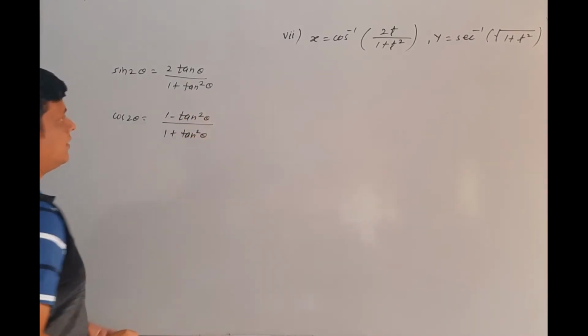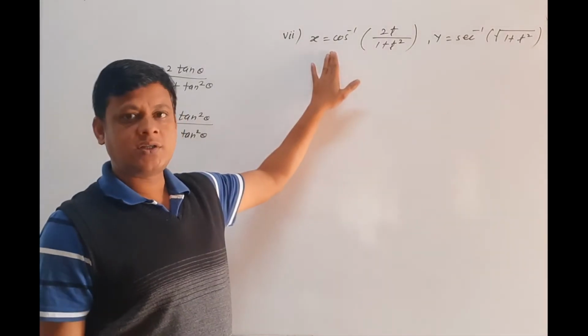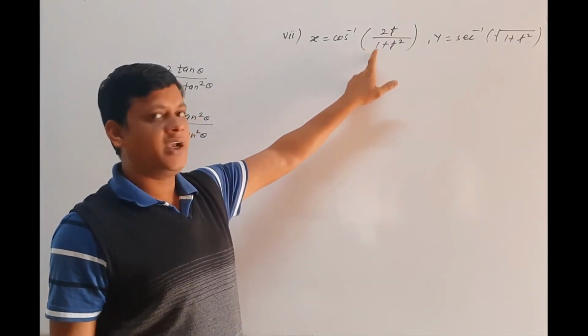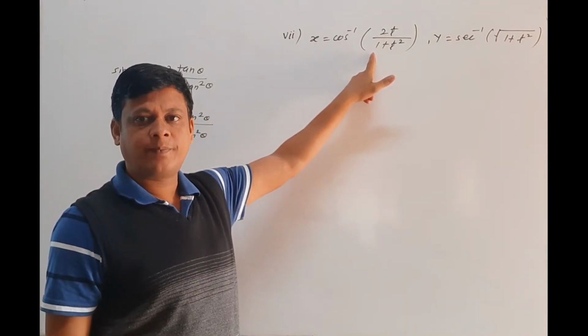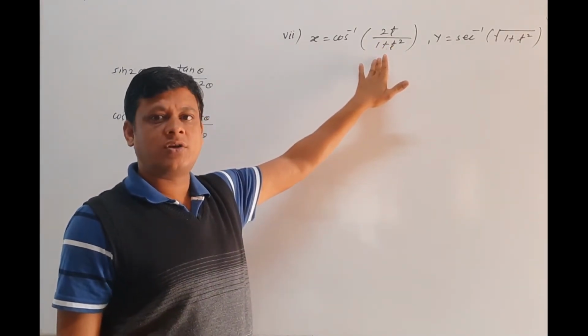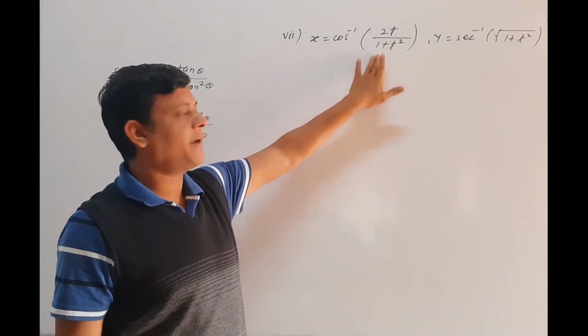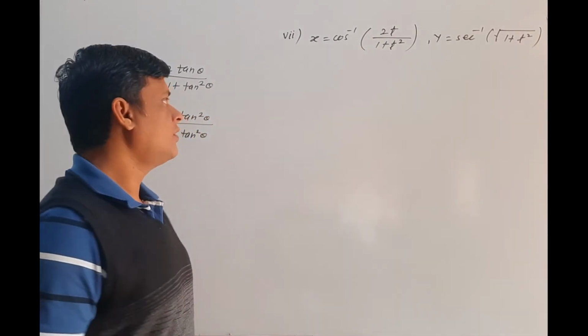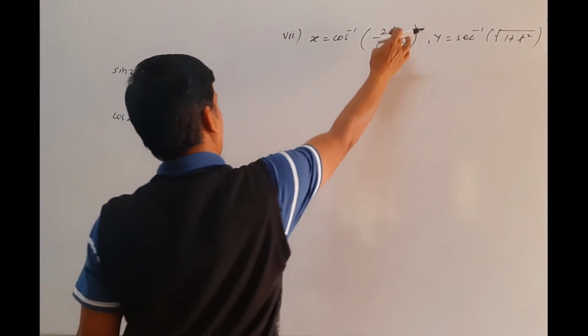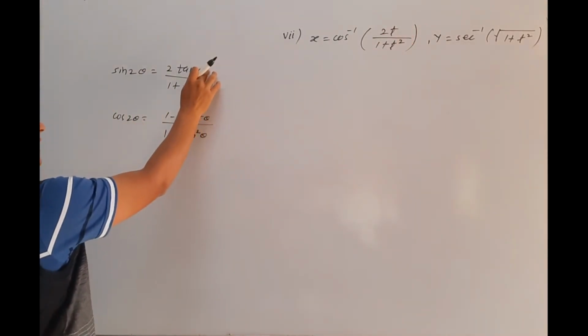Here outer function is cos inverse. So in bracket we require cos theta, but if not possible directly cos theta, we convert that bracket in terms of sin theta. So see here, that means we have to substitute t as tan theta.